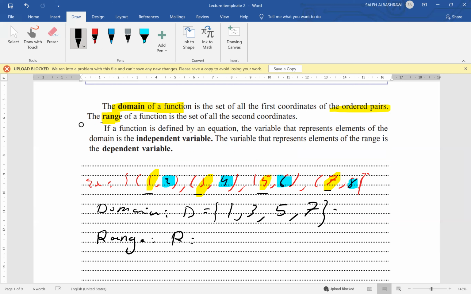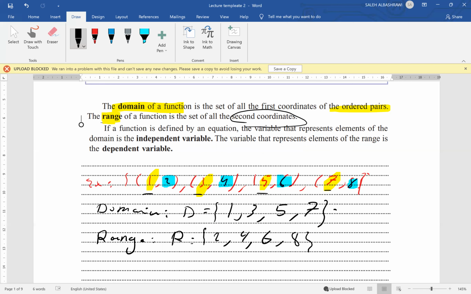Range R equal to {2, 4, 6, 8}. So the domain is the first coordinate of the ordered pairs, and the range will be represented by the second coordinate or the y coordinate.